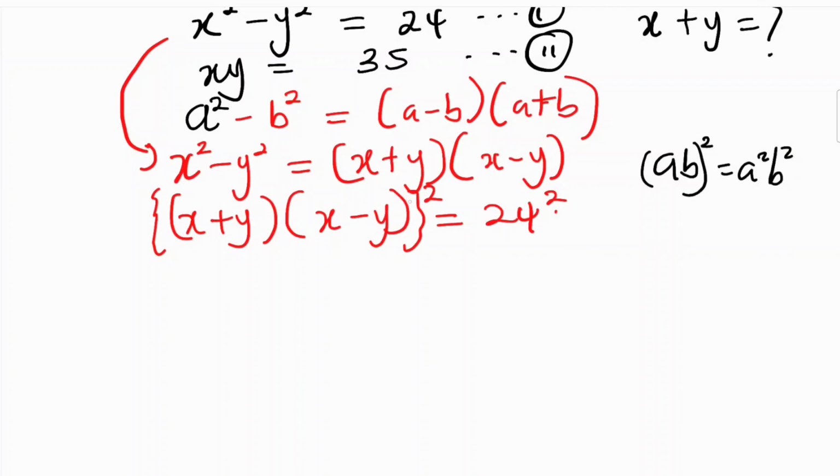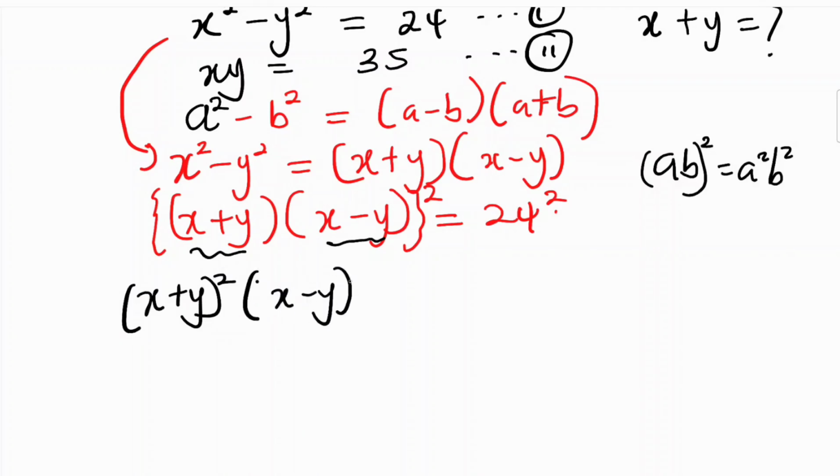So we can distribute these squares to each term, x plus y and x minus y. We will have x plus y all squared into x minus y all squared is equal to 24 squared.